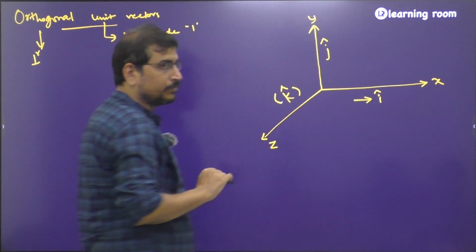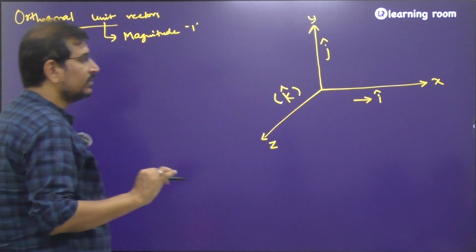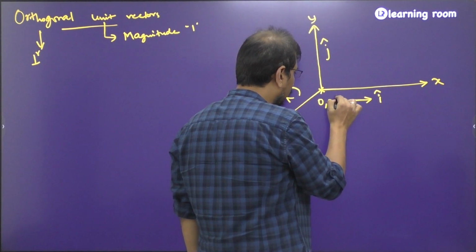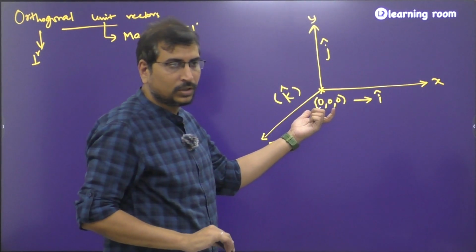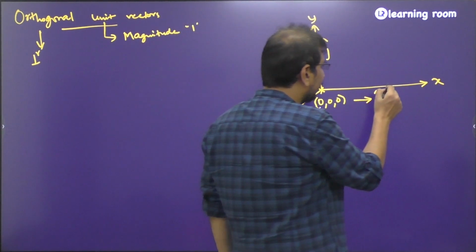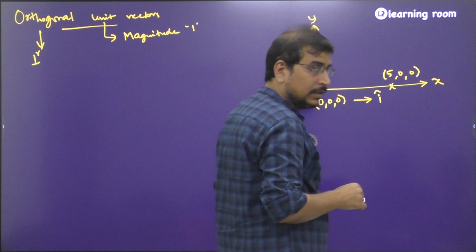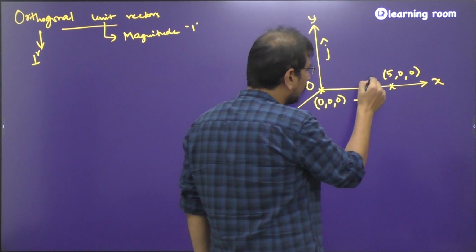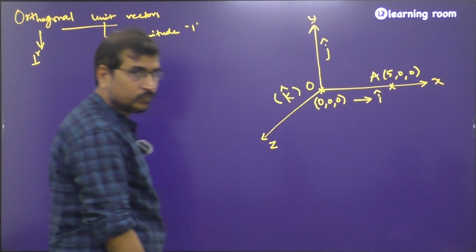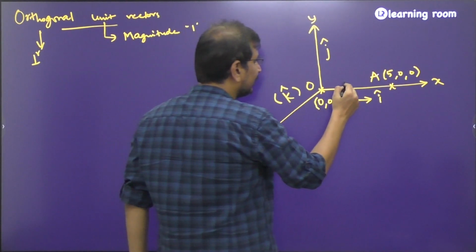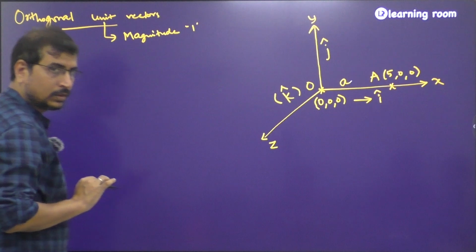Okay. Now, suppose, listen to this. If I take this to be the origin, 0, 0, 0. Let me say there is a point here, 5, 0, 0. And there is a person who has moved from the point O to A. Let me call that A for instance.